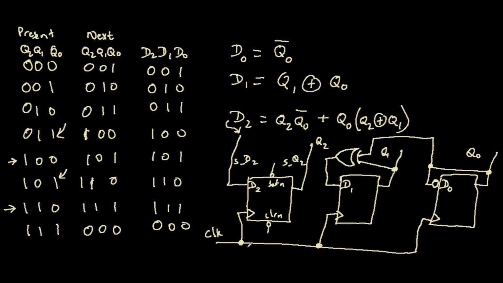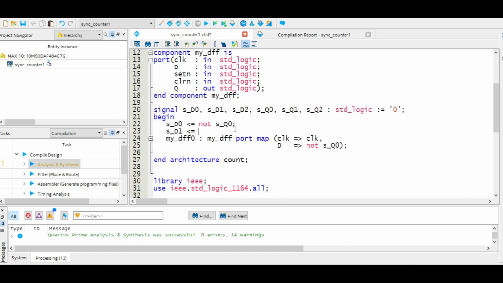Yes, Q1 XOR Q naught. So I'm going to assign that S underscore Q1 XOR S underscore Q naught. Good, so I have that XOR.